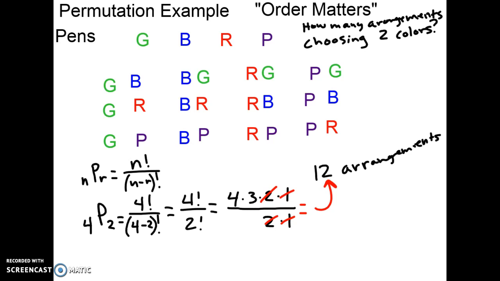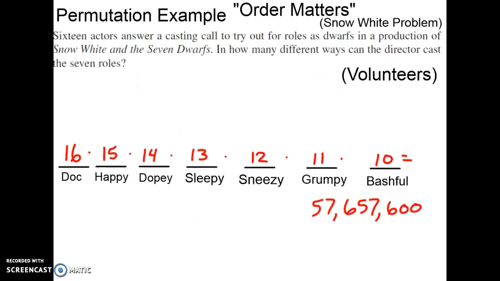Really you could just do 4 factorial divided by 2 factorial in your calculator, and you'd be able to figure that out. So let's do that for this problem here. Let me start that over real quick.